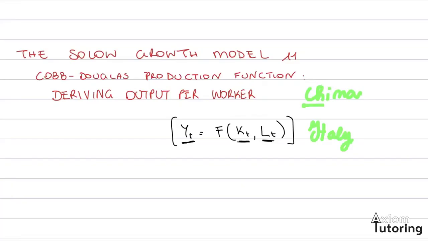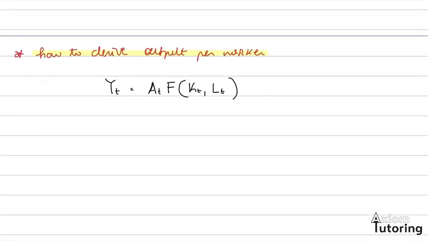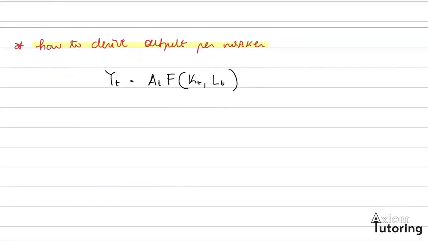Of course, China's GDP is going to be greater than Italy's GDP, but is it actually a good method of comparison, using aggregate measures instead of accounting for different worker sizes and population sizes? It actually is not. Which is why we are now going to delve into the derivation of this output per worker equation.